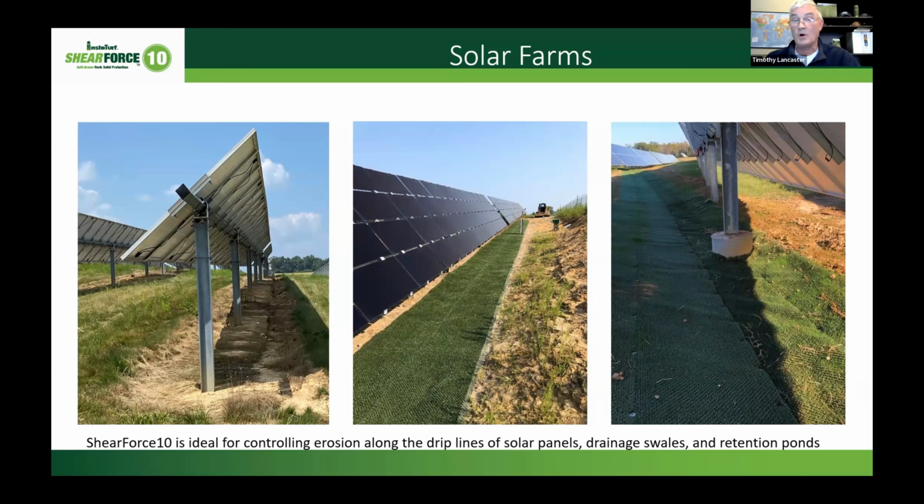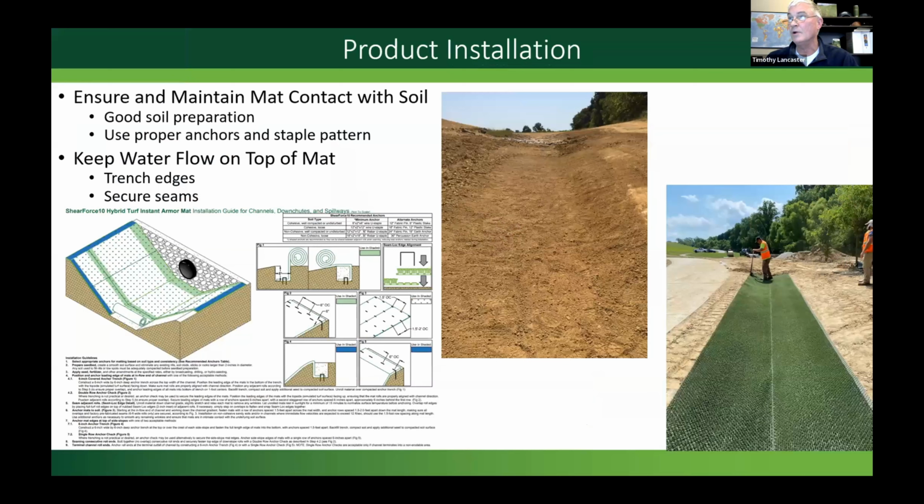You probably don't need a permanent product like this, but if they're mounted on sloping areas, which is becoming a lot more common due to land prices, this type of product might be needed along the drip lines. And then of course drainage swales and channels running through these sites. A lot of these solar farms are several thousand acres in size, and they all have drainage issues to contend with.